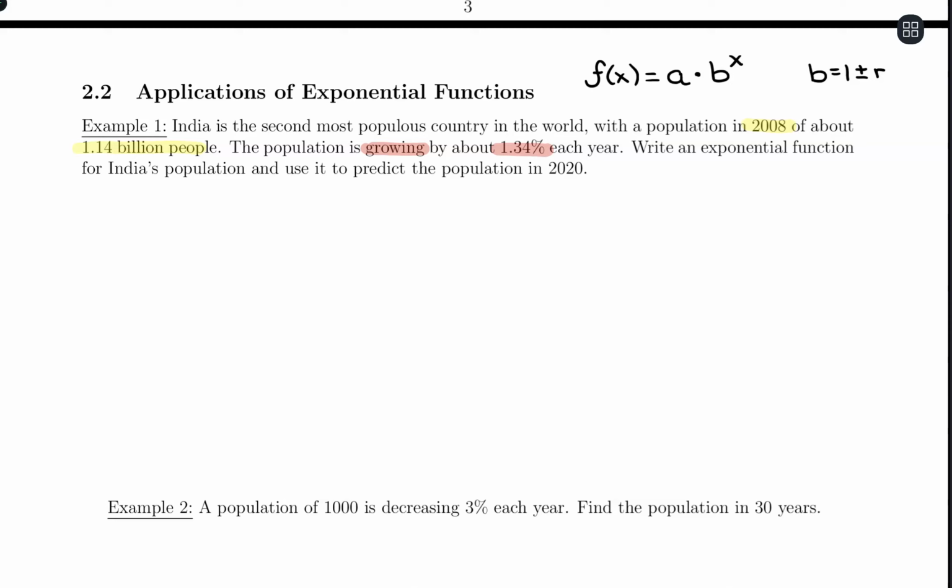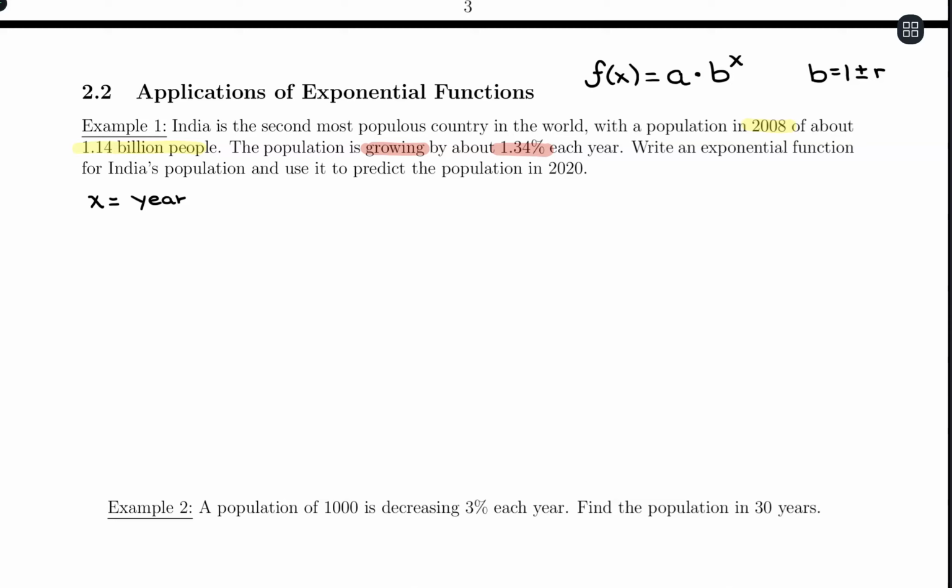Now, they don't tell us how to define our variables, and what we can do is define it in a way that'll make the work quite easy for us. So what I'm going to do is describe x as the amount of time that's passed. So x is going to be year, but instead of dealing with x equals 2008, which is fine, it's just going to get messy, what would be really nice is to have 2008 represent the start of time for us.